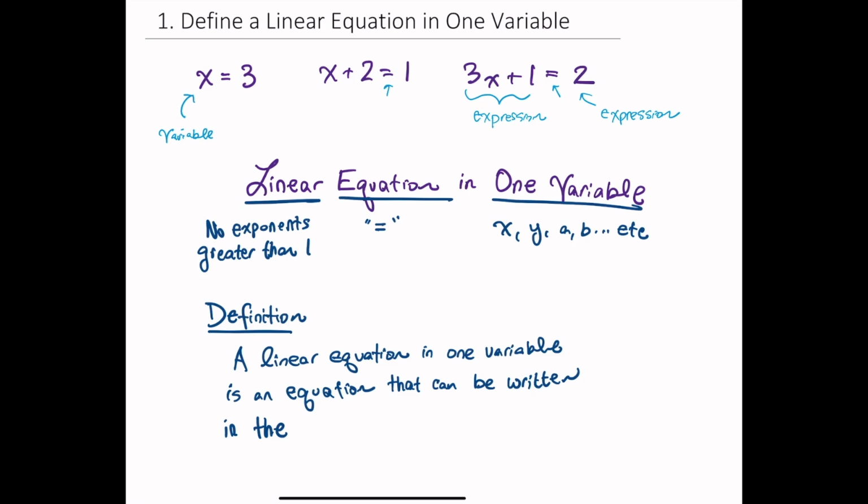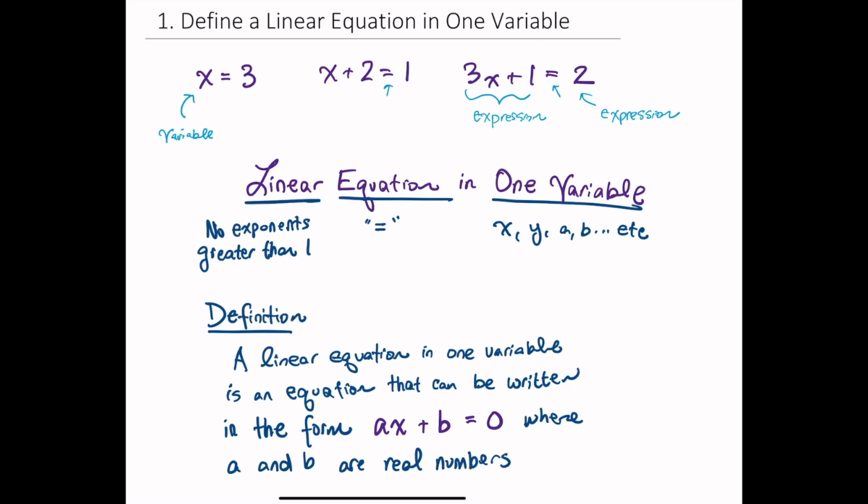So it's an equation that can be written in the form ax plus b equals 0. And they go on to say where a and b are real numbers and a is not equal to 0.